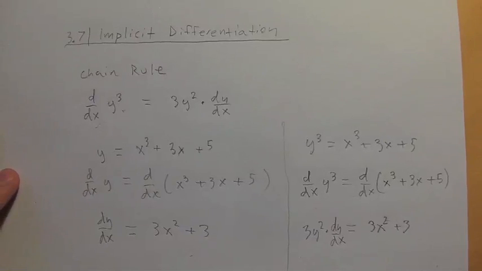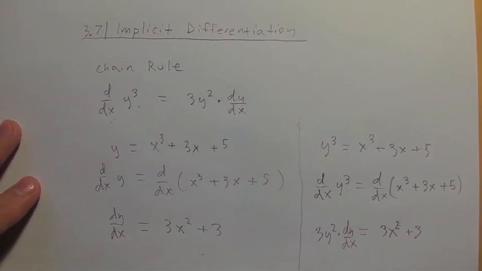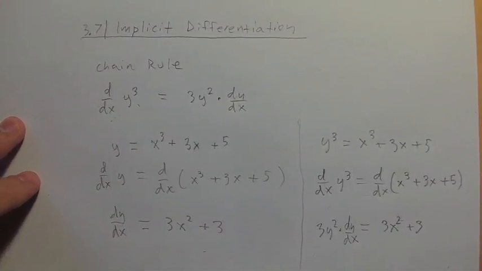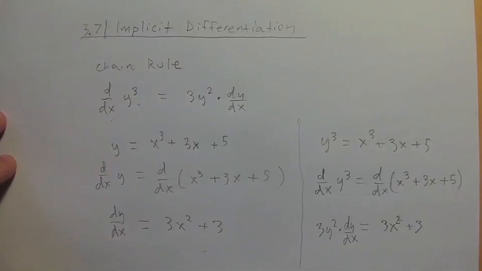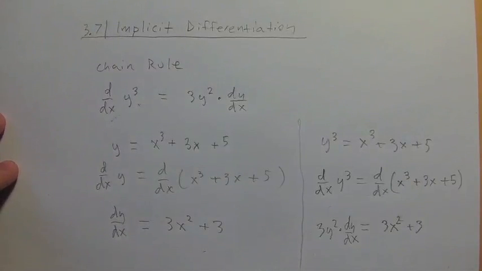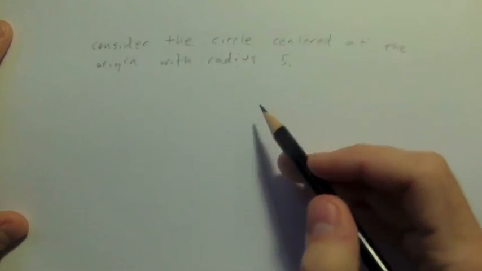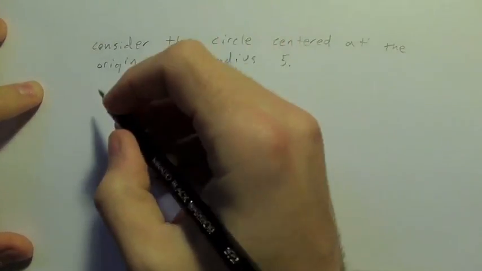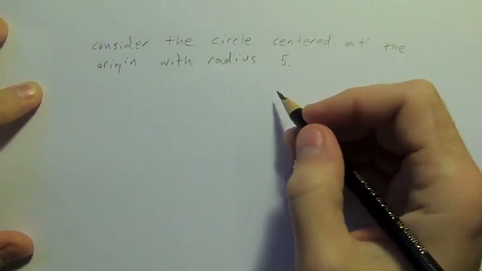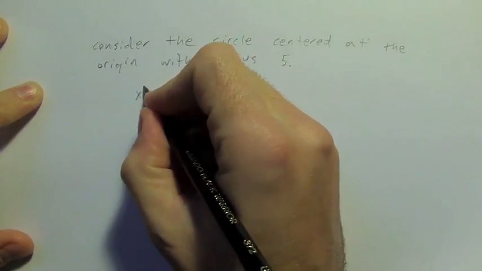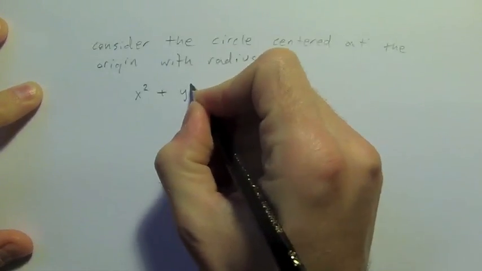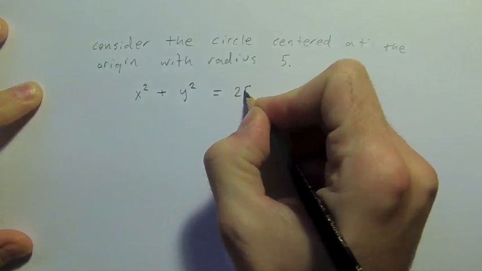Right? So here's a motivating example of where this comes from. Alright, so let's start by looking at the circle centered at the origin with radius 5. The equation of this object here is x squared plus y squared is equal to 25.